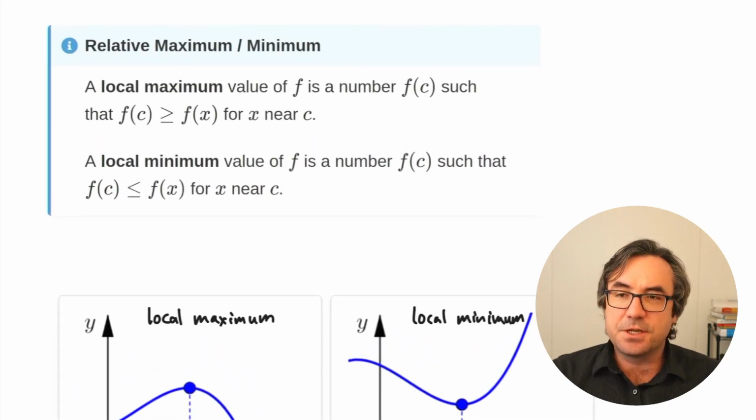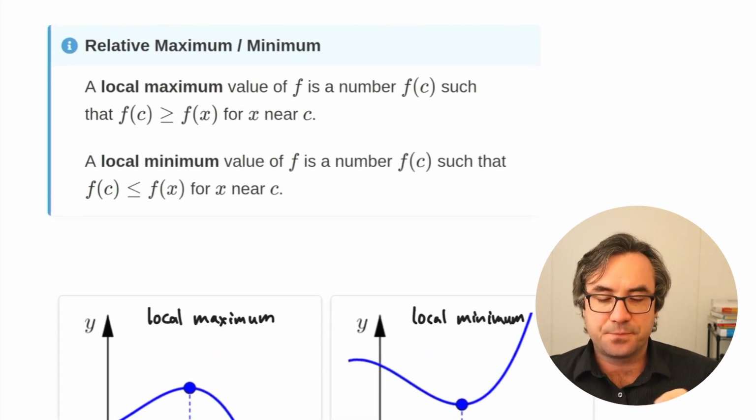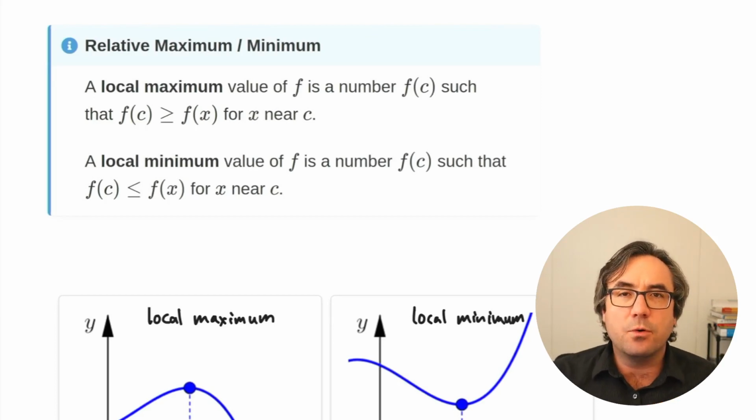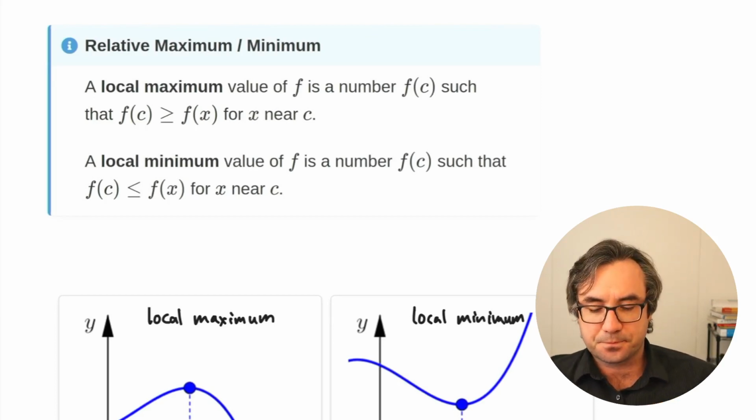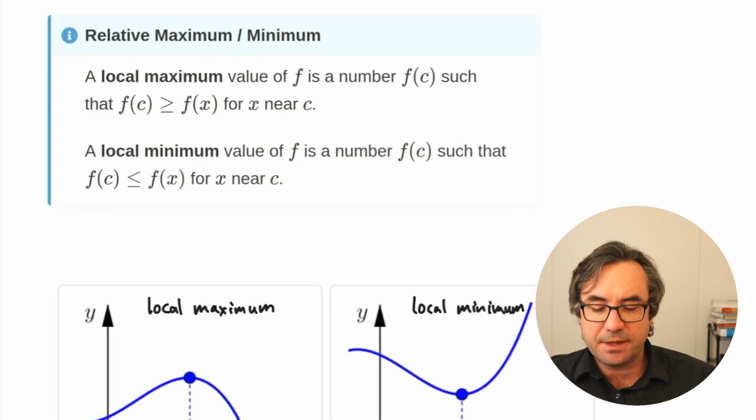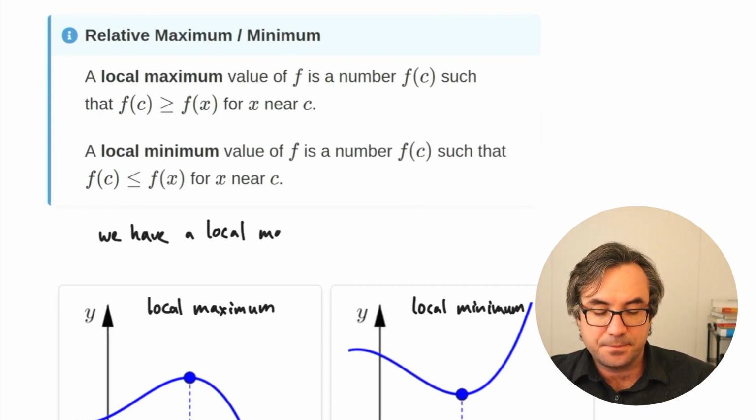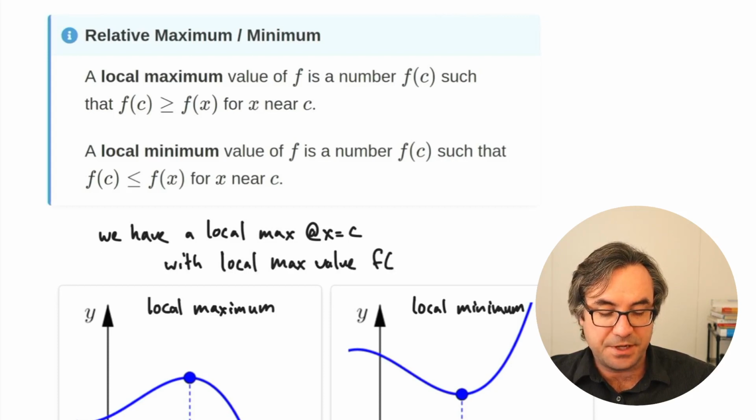So just a little bit of terminology here. Generally when we're locating local maxes and mins, we would say something like: we have a local max at x equals c with local max value f of c.